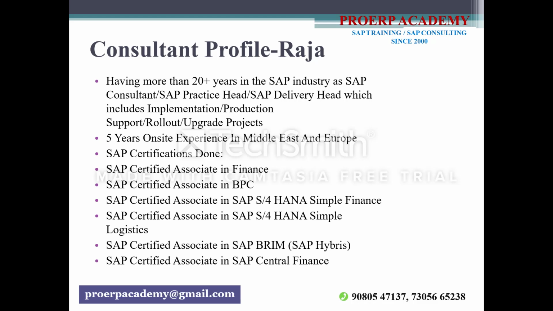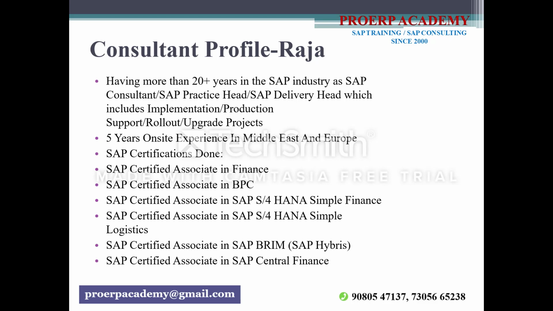So under the Simple Logistics module, we have to concentrate on different applications. Once again, we have to configure the delta changes to be carried out in the SD side.